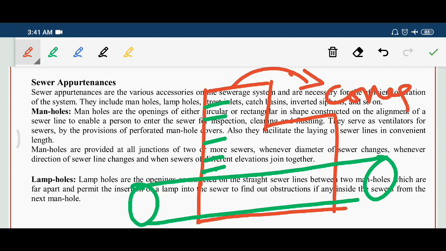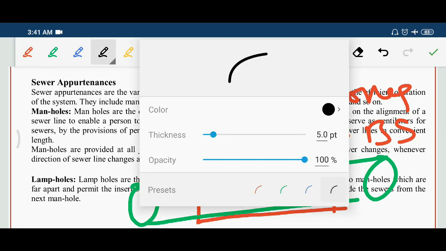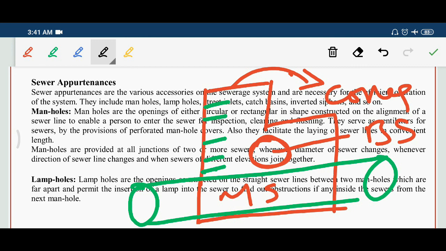This is the branch sewer, this is the main sewer. This chamber is nothing but the working chamber, where a man can enter, work, inspect, and test the sewer.